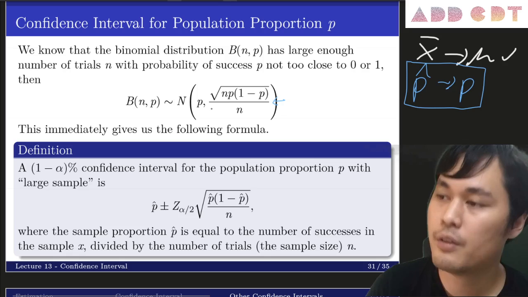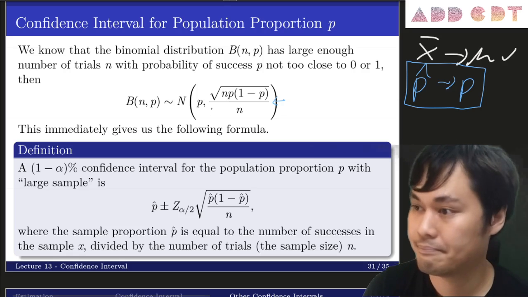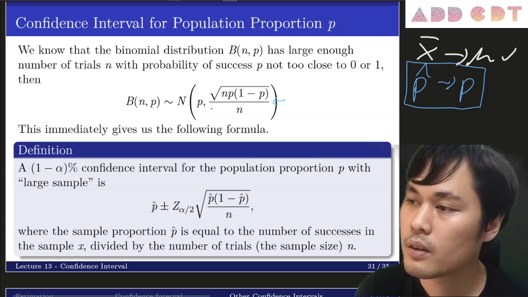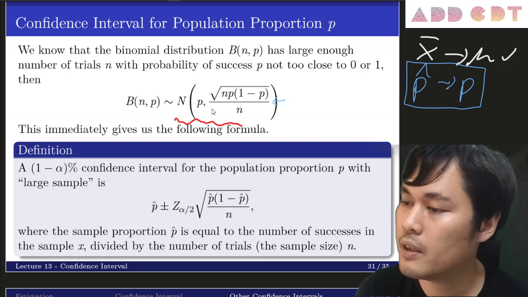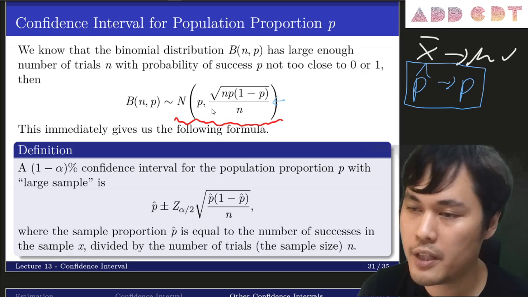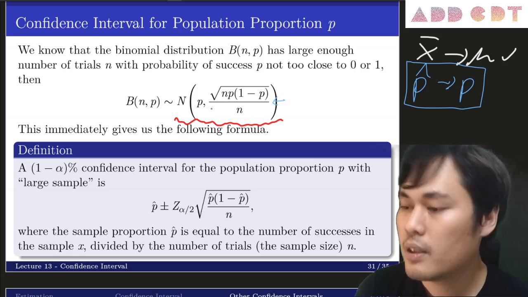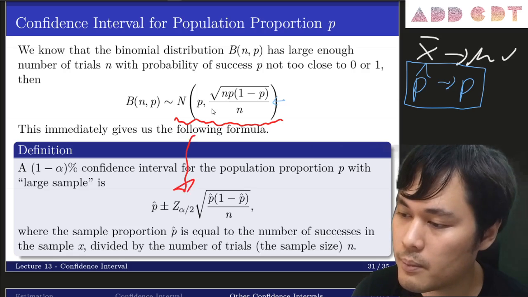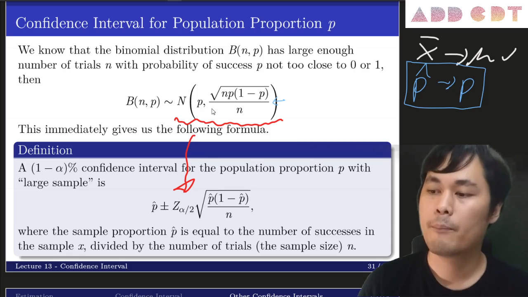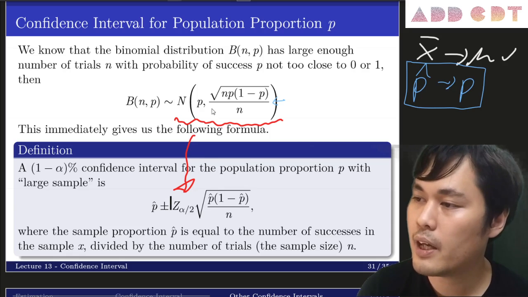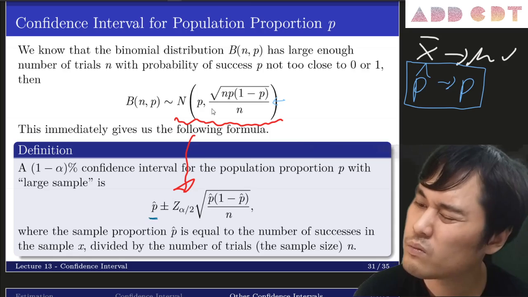So if you use that fact, then we can get a confidence interval for this normal distribution, and that interval will give us this formula. So what is this formula? Again, we have p hat.